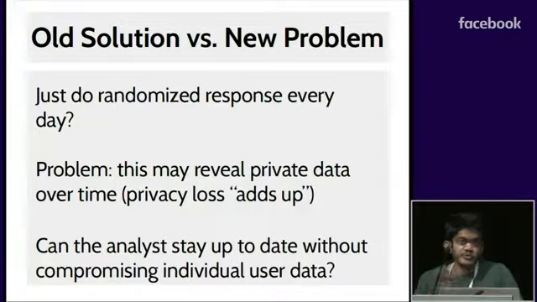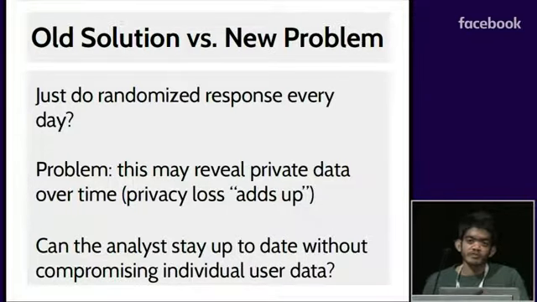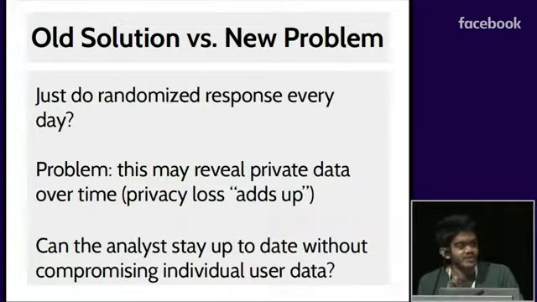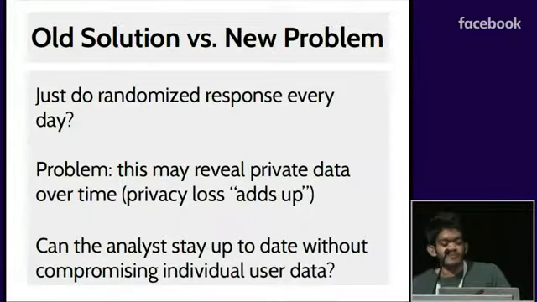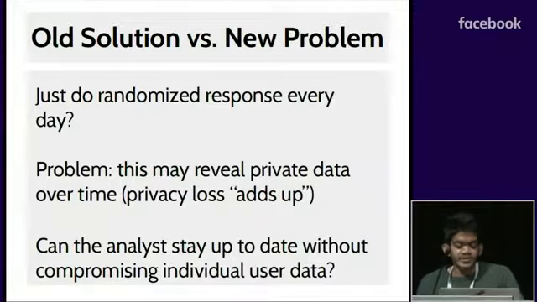But the issue with doing this is that this may reveal private data over time, or the privacy loss will add up. If you think about it, if you are looking at some stream of user responses and you see some sort of bias towards saying orange, that's going to let you infer that probably that person actually prefers orange.